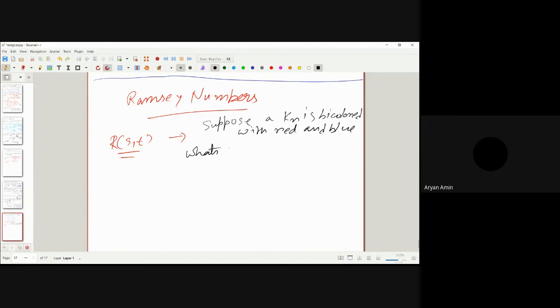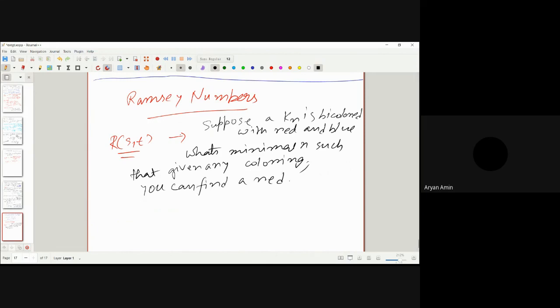What's the minimal n such that, no matter the coloring, this is bad language, but I hope you understand, such that given any coloring, you can find a red KS or a blue KT.